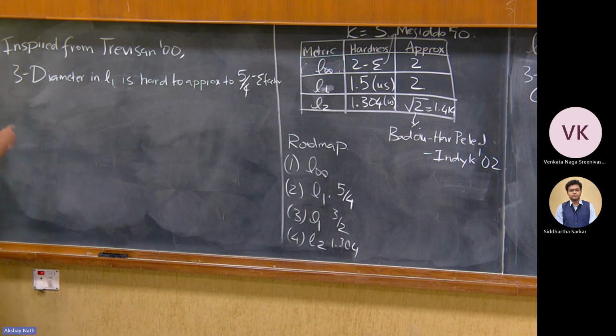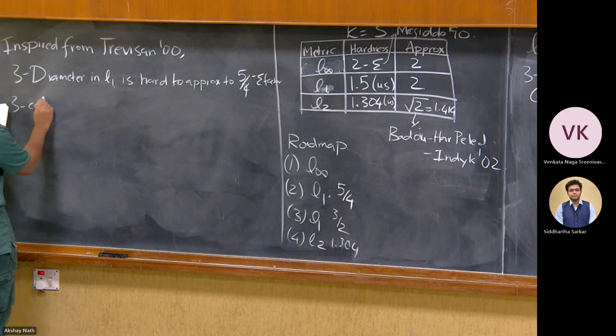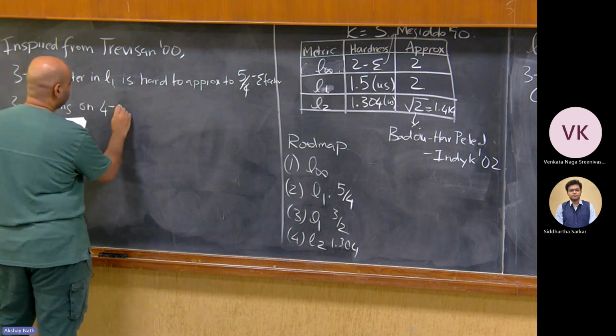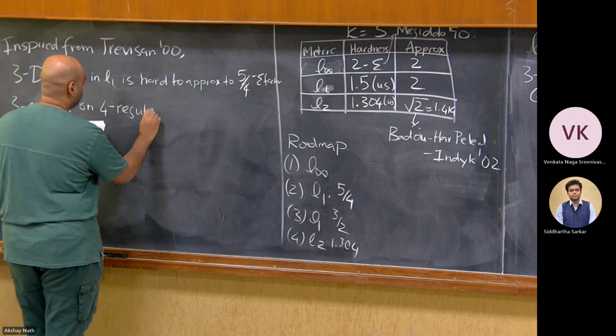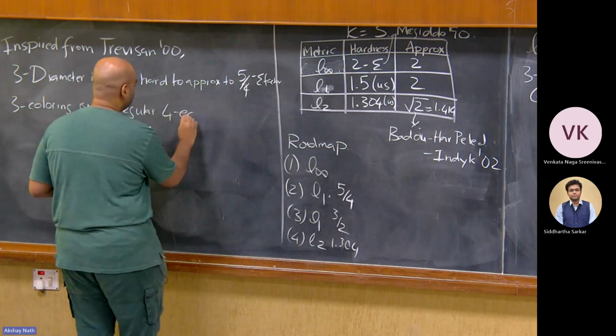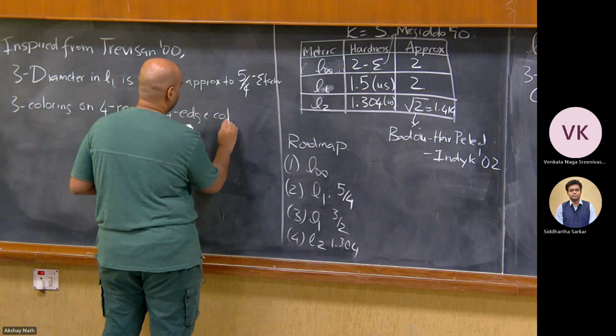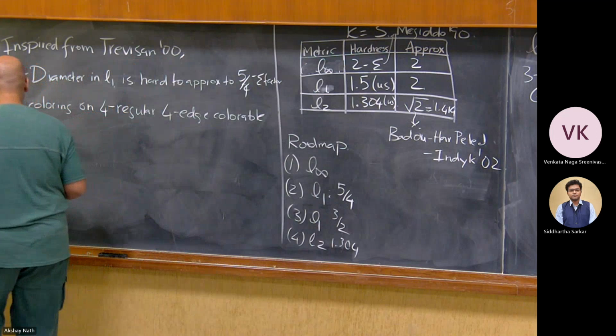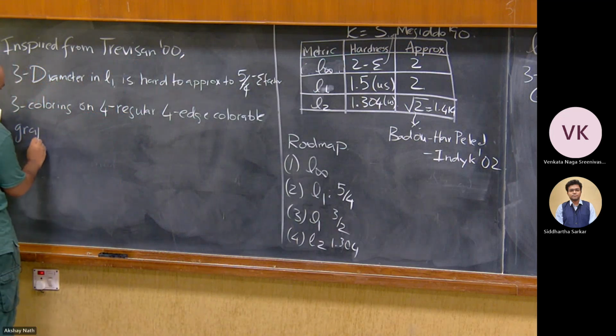So here for showing 5/4, we need a stronger 3 coloring guarantee. What is the version we'll use? We will use that 3 coloring 4-regular, 4-edge-colorable graphs is NP-hard.